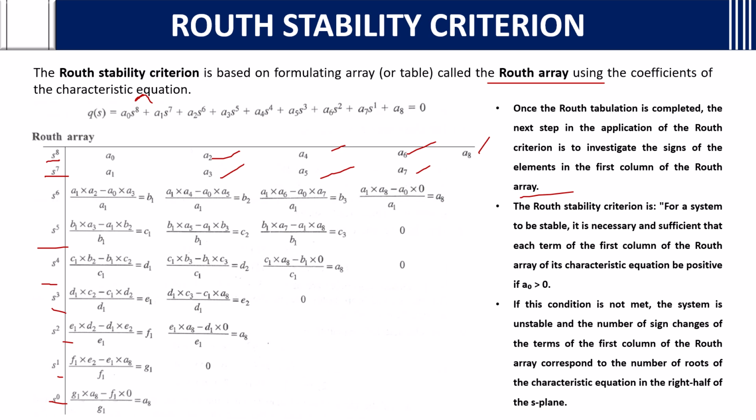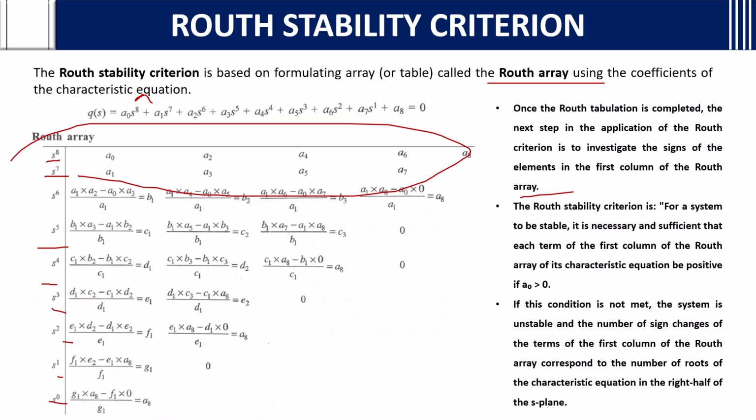I'll repeat. First you write S8, S7, S6, S5, S4, 3, 2, 1, 0 on the left side. Then inside the table, you will write the coefficients: first a0, a1, then a2, a3, a4, a5, a6, a7, a8. These are the coefficients. In the place of a0, if it is 1, we'll write 1, 2, 4, 6, like that.